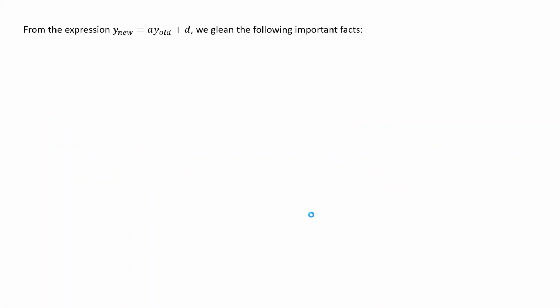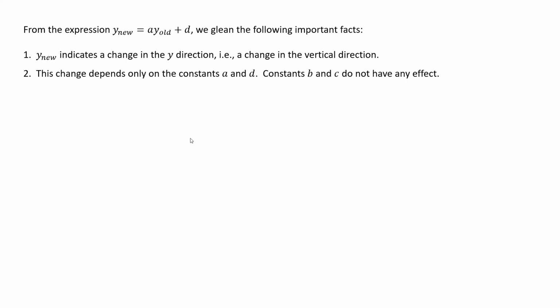What else? Okay, now we are going to look at the effect of the y values. So how are the y values affected? Y new indicates a change in the y direction. Would you agree? Just like x new indicated the change in the x direction, y new indicates a change in the y direction or the vertical direction.